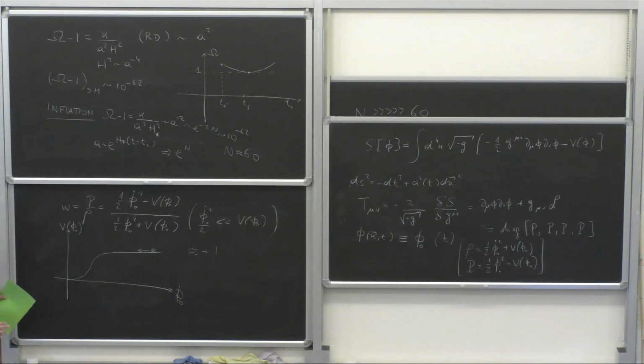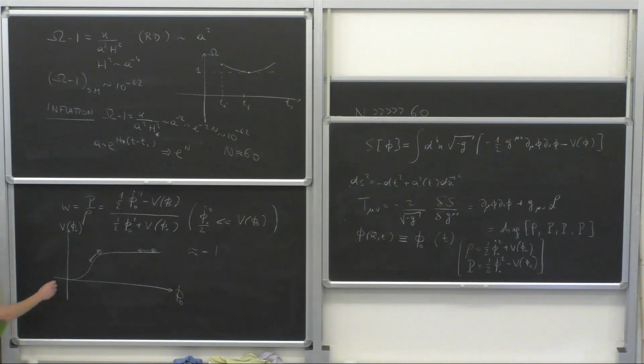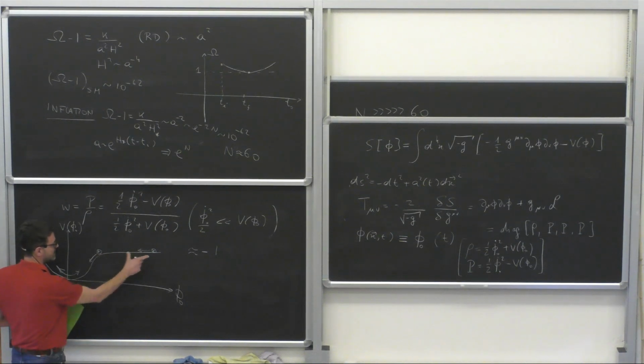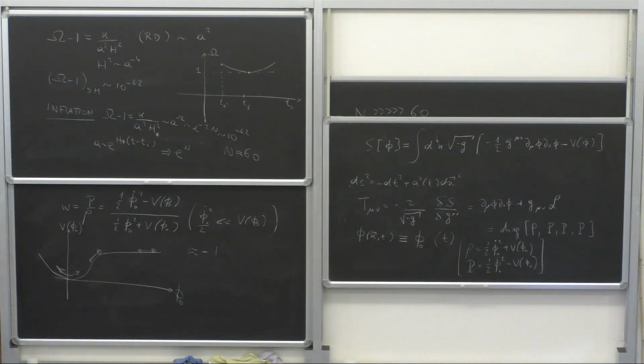So the universe will expand exponentially. But of course, at some point, when slowly the field arrives in a region where this condition is broken, because here the field will start fast rolling down towards the bottom of the potential and eventually oscillates, inflation will end. Okay? And that's the reason why inflation lasts for a number of e-folds, which is basically more or less the region where the inflaton is probing the plateau, and then inflation ends.